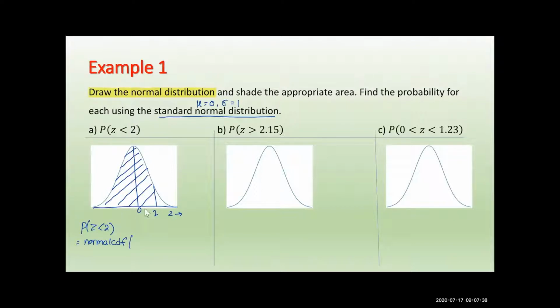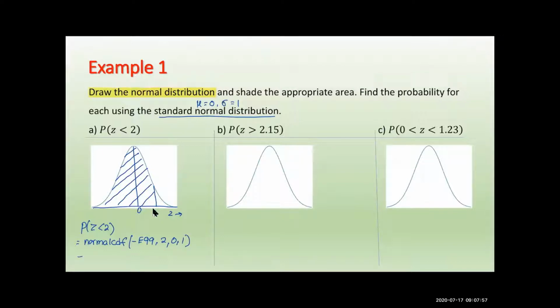You put the lower limit for the area. For this area, it extends all the way to negative infinity, so it is negative E99. Then the upper limit for the area is 2. Mean is 0. Standard deviation is 1.